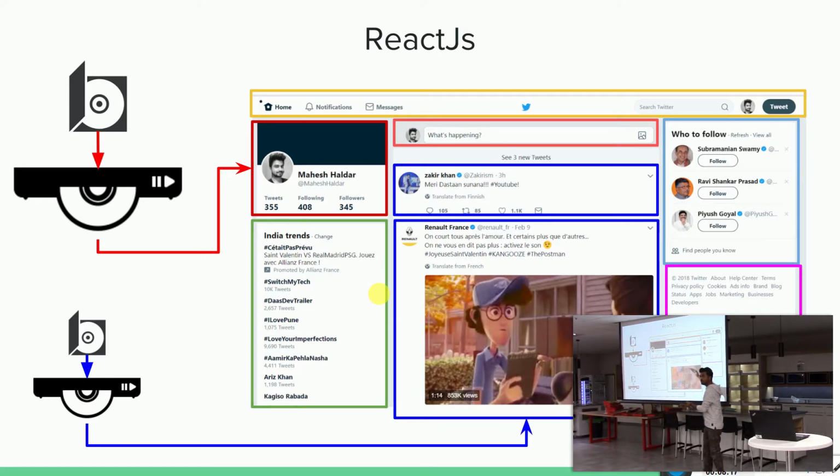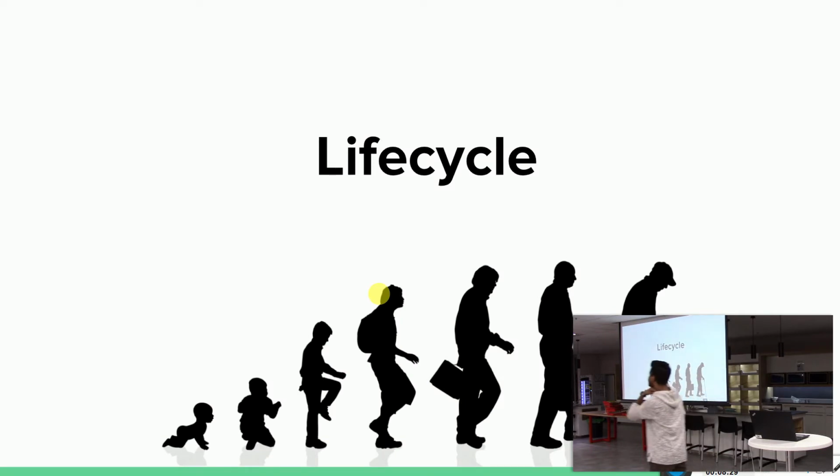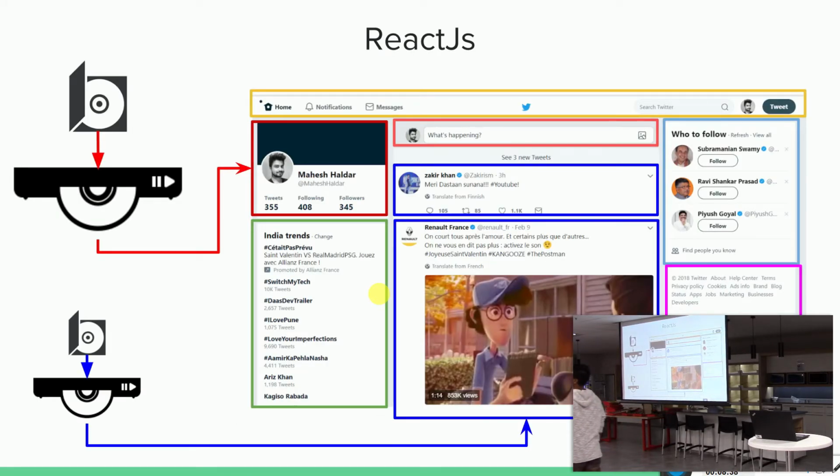There's only one component, one function, call it a pure function, and it is getting repeated again and again. Simple, right? And that is React, and React is that simple. Cool. React itself is a big library and it has a lot of fundamentals, but today we are majorly talking about the lifecycle of a component.